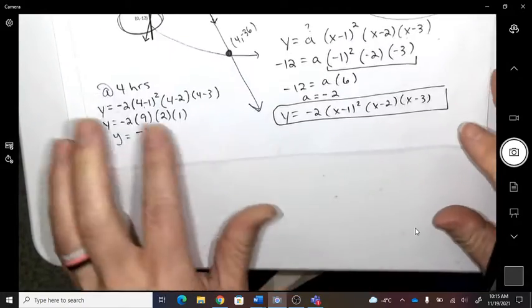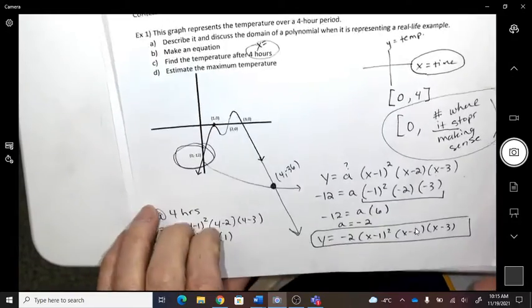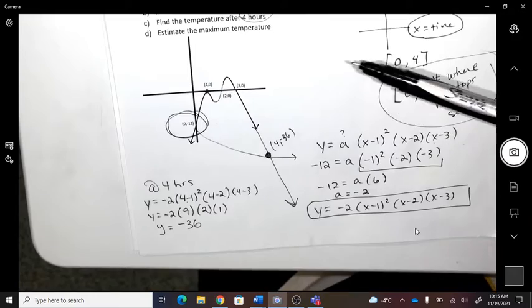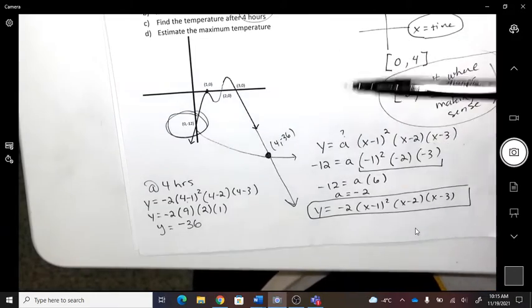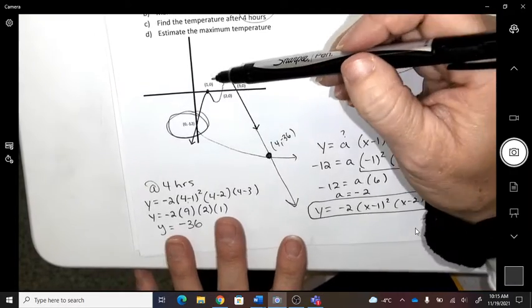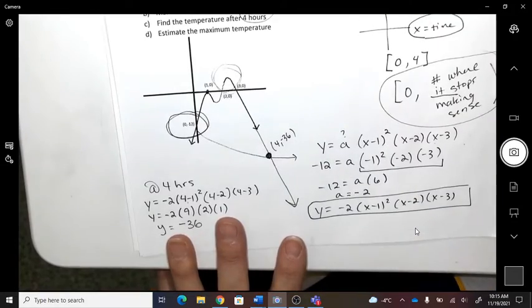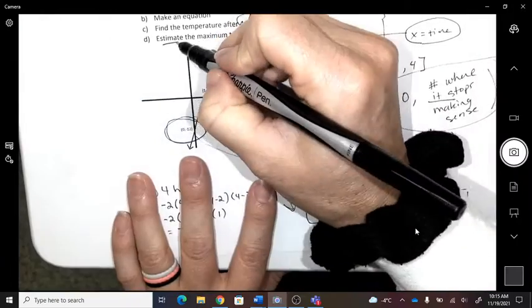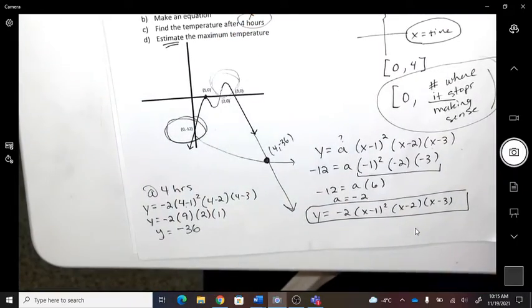Okay. Last question. Estimate the maximum temperature. Okay, look visually. Where on this graph do you see the highest temperature? In this zone, right? Okay, so this is an estimate question because you don't know.